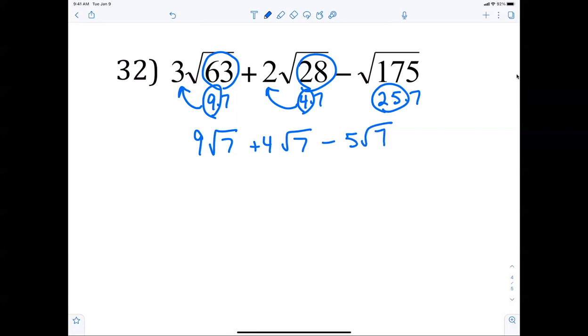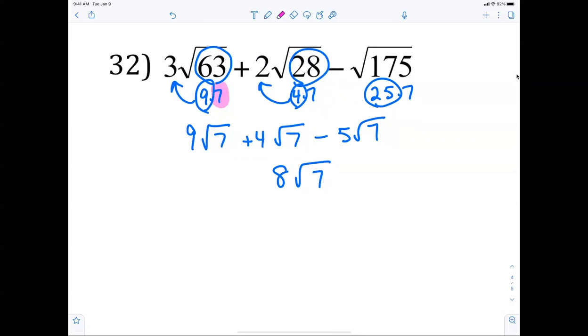So what do I have? 8 radical 7. Anybody have any issues with that? All right, and hopefully you're understanding that once I break this down to 7, generally there's a 7 in the other ones. Not always, but a lot of times.